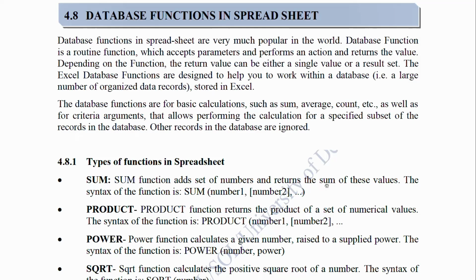The Excel database functions are designed to help you work within a database, a large number of organized data records stored in Excel. The database functions are basic for calculations such as sum, average, count, etc., as well as for criteria arguments that allow performing the calculation for a specified subset of the records in the database. Other records in the database are ignored.